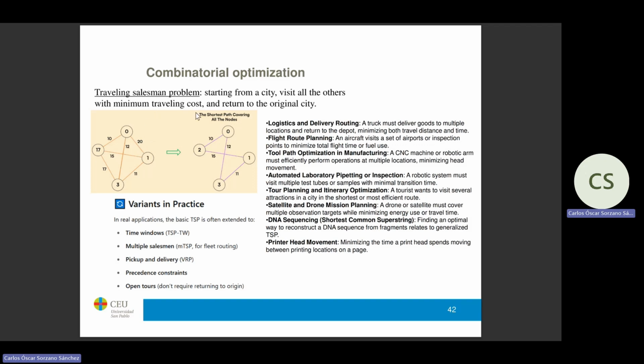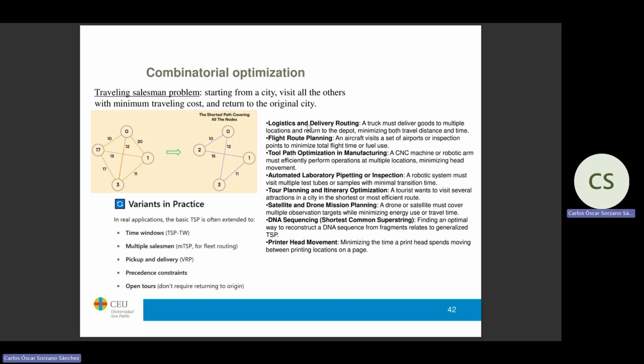In the traveling salesman problem you have a number of cities, and these cities are represented here by nodes, and there is a cost associated to traveling from each city to all the others. And then you want a path that visits all the cities once and has minimum cost. This problem appears in a number of setups.